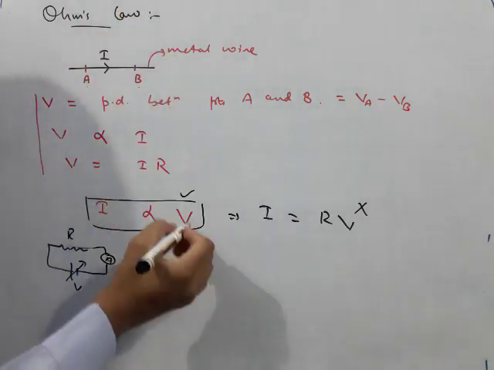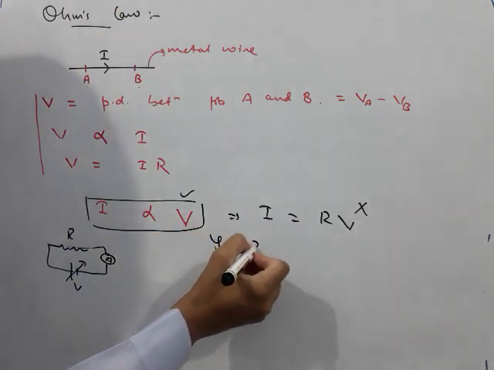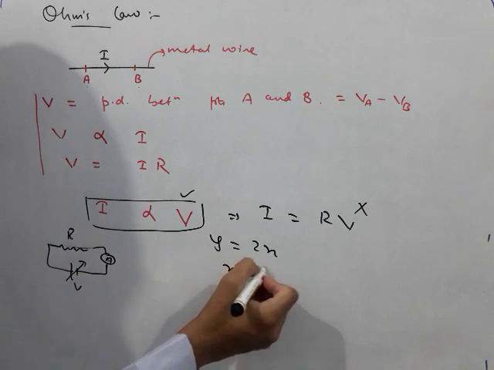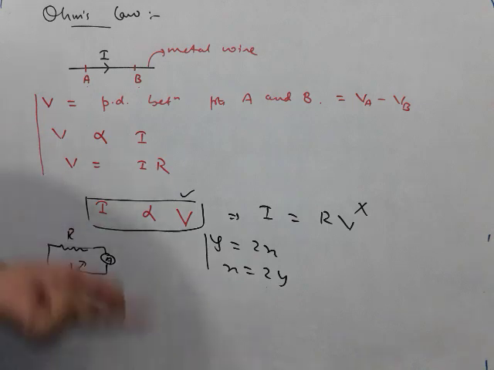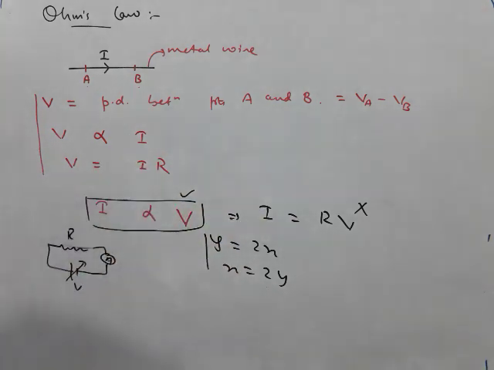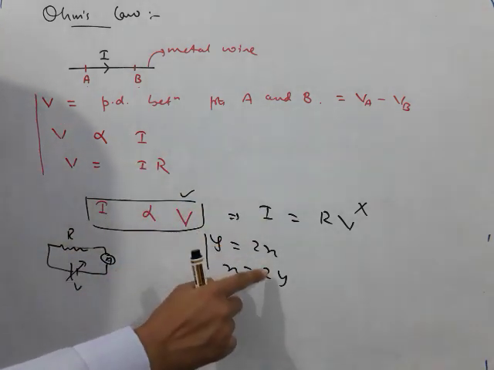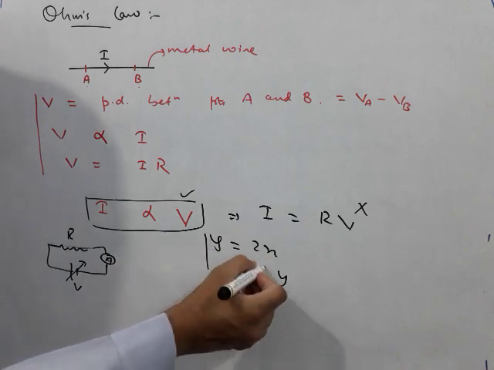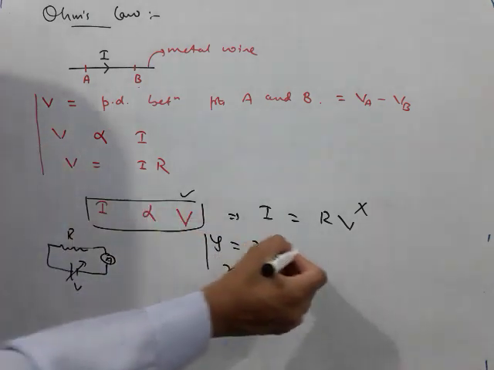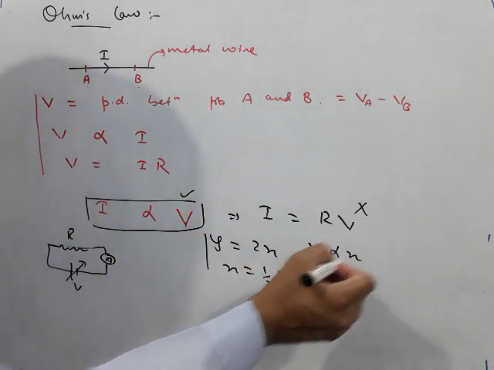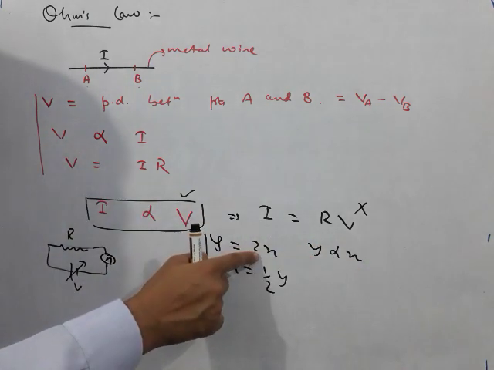For a simple reason: if I write y is equal to 2x, I cannot write x is equal to 2y. Can you? Here you will say, no sir, how is this possible? The same answer applies for this. If you are writing y is equal to 2x, x must be 1 by 2y. Here we can write y proportional to x, and that proportionality constant is 2.